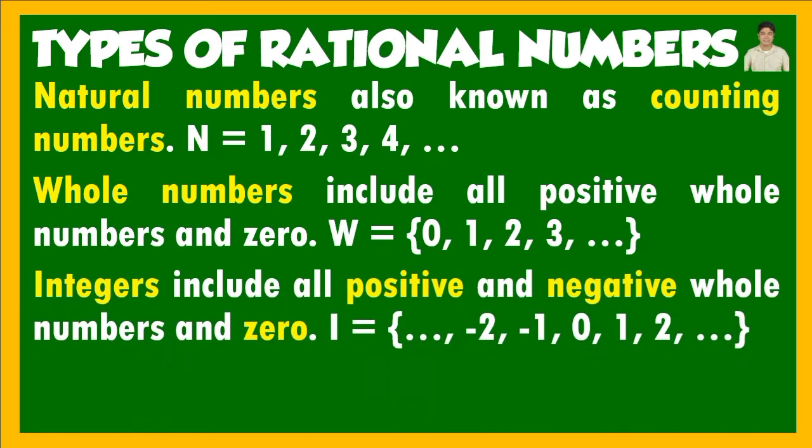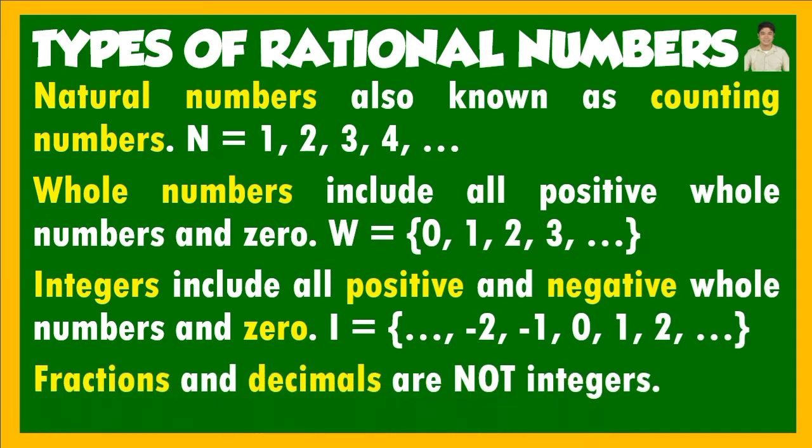Integers include all positive and negative whole numbers and 0. So, yung diniscuss natin dun sa ating previous video, yung set of integers. Nasa left side ng 0, yung mga negative integers, and then nasa right side naman ng 0, yung mga positive integers. And then, note that fractions and decimals are not integers.